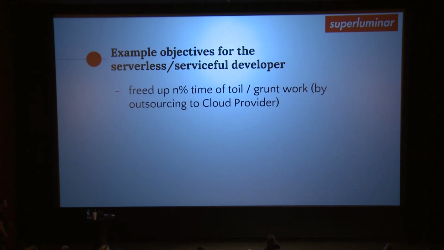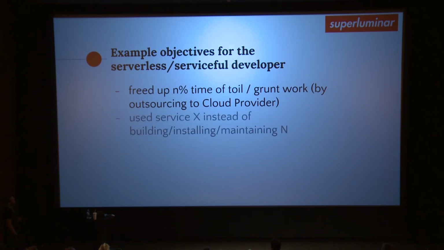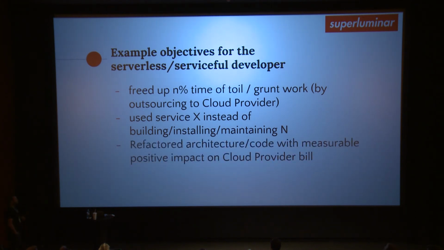Imagine you're in your annual review meeting, and one incentive could be: I freed up so much time by outsourcing stuff to our cloud provider, so I could focus more on our main product. Or: we used Service X instead of building, installing and maintaining our own stuff. Or: we refactored architecture and code with measurable positive impact on the cloud provider bill.